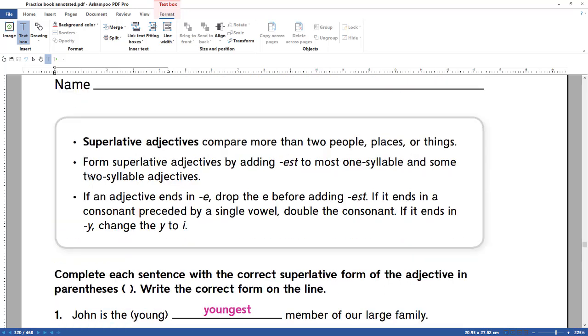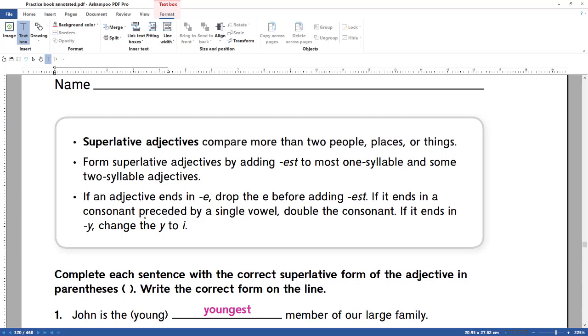Here, number 2, he said if an adjective ends in E, we will simply remove the E and add est, or simply you can leave the E and add only st. Okay? And if the adjective ends in a consonant, like the same rule that we did in the comparative adjectives, we will just duplicate the consonant.